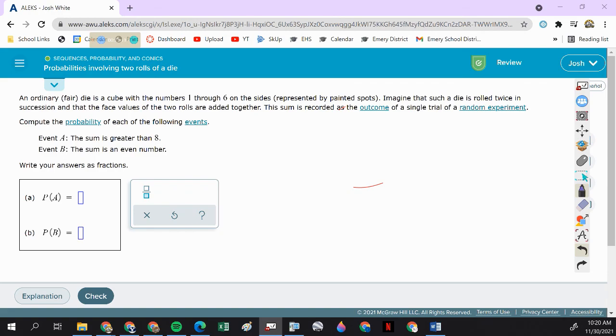So what could happen? If we roll a dice 2 times, what could happen? Well, let's write them all down. What are they? So 1, 1, because we're rolling it twice.